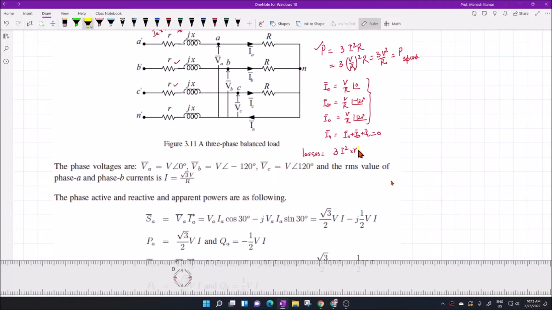Remember, this is the feeder resistance. What is I here? I is V by R, so this becomes 3 V by R square into small r, and this becomes 3V square by R into small r by capital R. So this becomes small r by capital R into P. These are the losses.